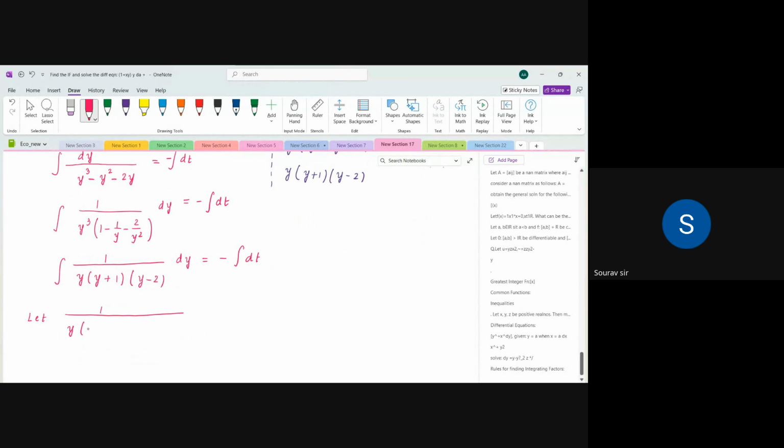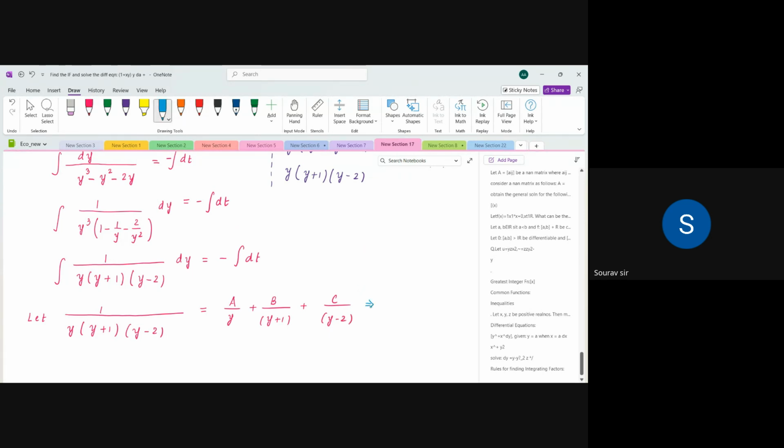So there are three factors, right? y, y plus 1 and y minus 2. So let this be equal to a upon y, plus b upon y plus 1, plus c upon y minus 2.